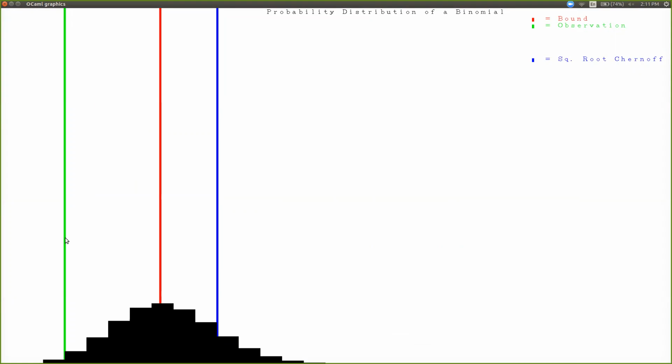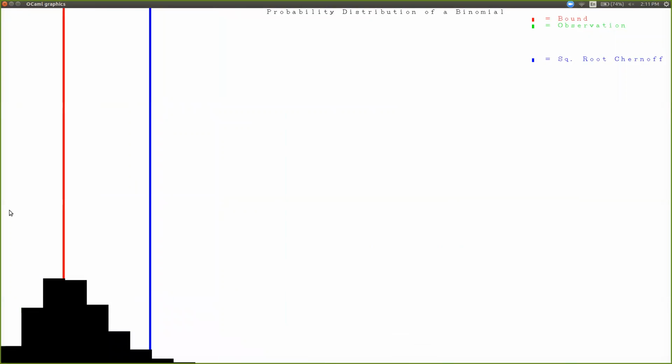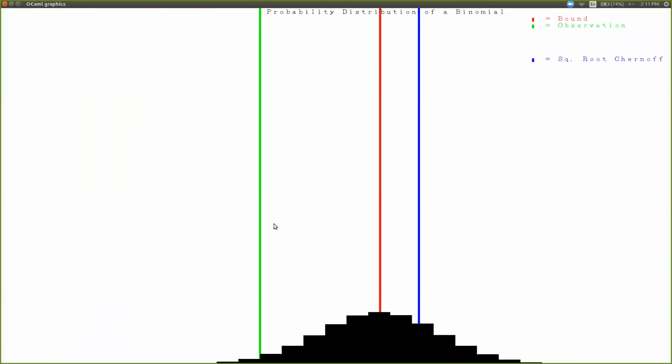And by the way, the blue line here is what happens when you use the square root approximation. So you can see the blue line is somewhat loose. It's particularly loose when you're at 0 error rate. It's not so loose when you're at an error rate near 0.5. And we want the observation to be close to the error bound, right?